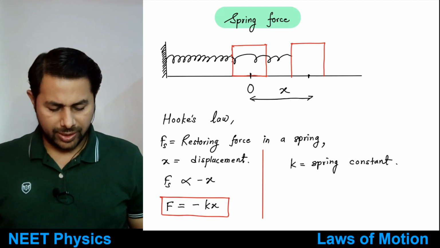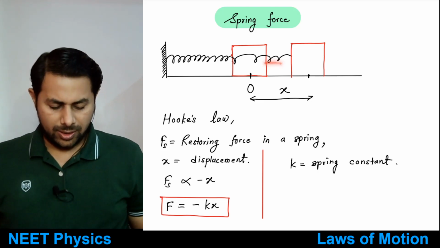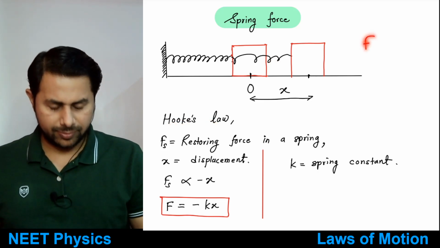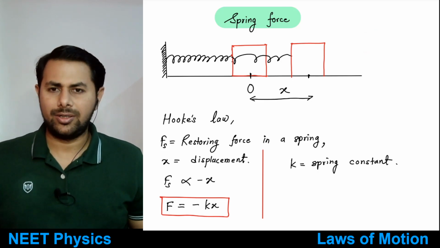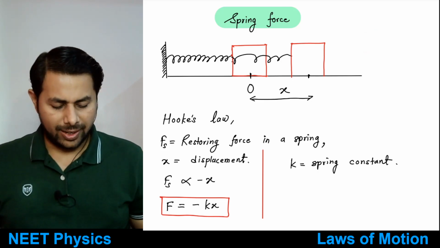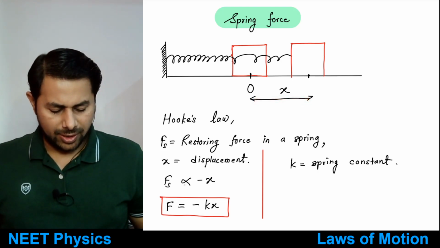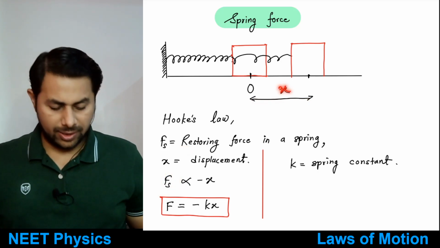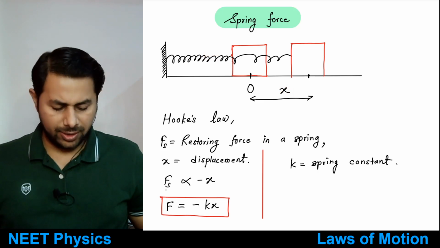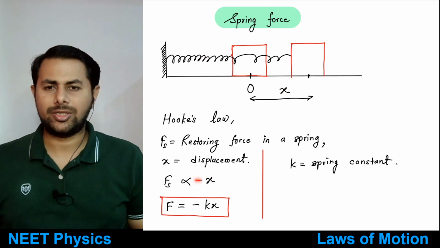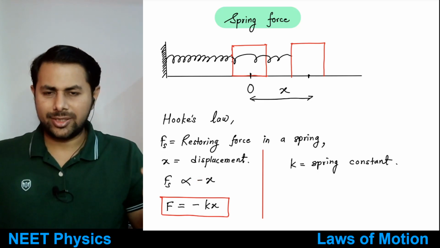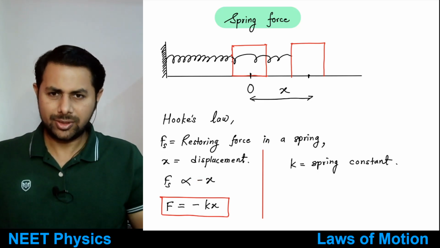There is a law called Hooke's law, which gives us the relation between the spring force, the internal restoring force generated in the spring, and the displacement. Fs is the restoring force in the spring, and suppose x is the displacement, then Hooke's law says that this internal restoring force is directly proportional to the displacement, but it acts in the opposite direction to that of displacement. When you elongate the spring, it wants to restore itself.